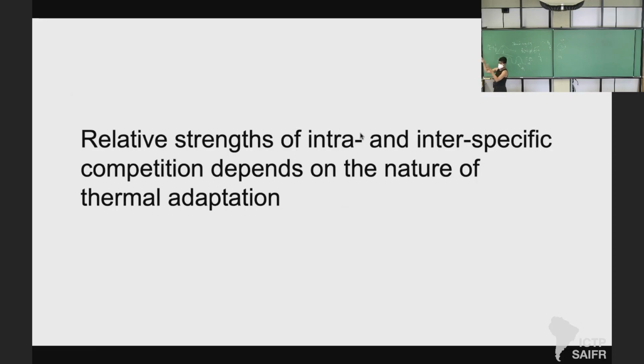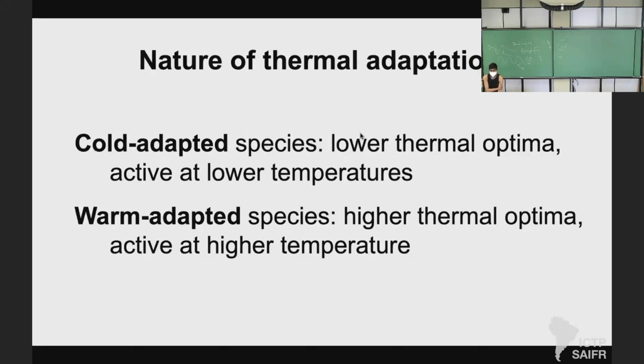Now, it turns out, and you would of course anticipate this, the relative strength of intra- and interspecific competition depends on the nature of thermal adaptation. Cold adapted species do better at colder temperatures, so they have lower thermal optima and are active at lower temperatures. Warm adapted species have higher thermal optima and are active, like us, at higher temperatures.